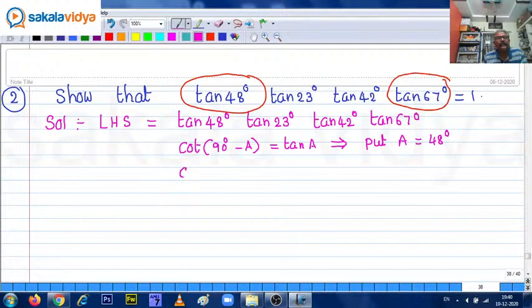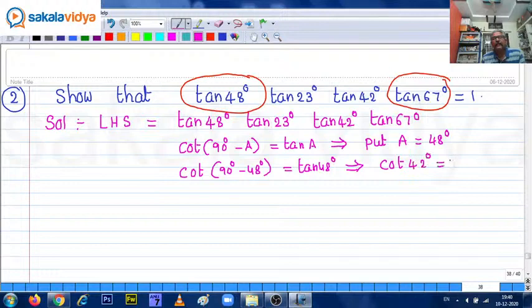What do you get now here? Cot of 90 degrees minus 48 equals tan 48. So that implies cot 42 degrees equals tan 48. That means instead of tan 48 we can write cot 42.